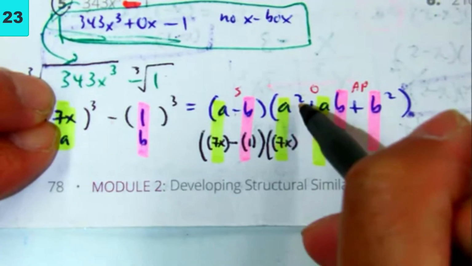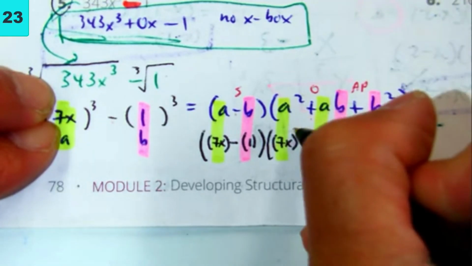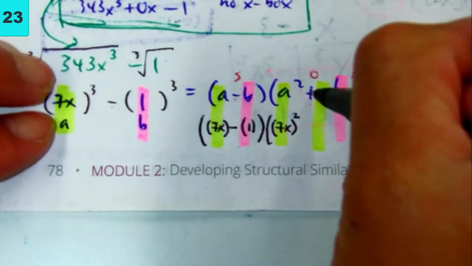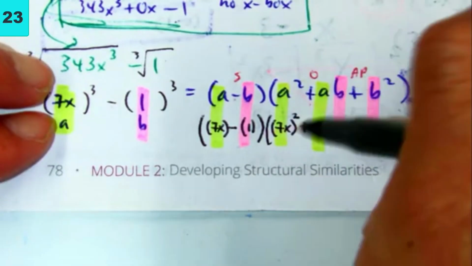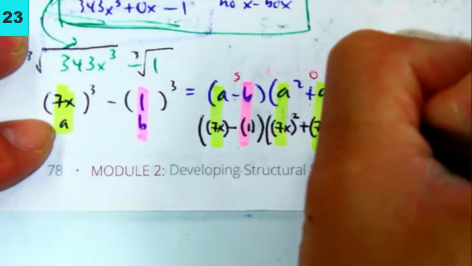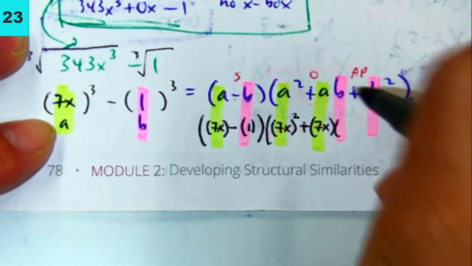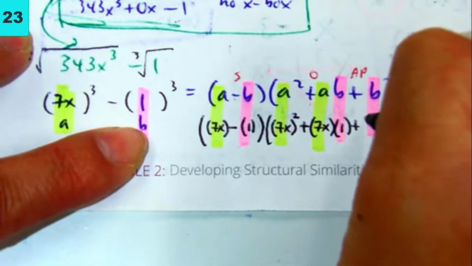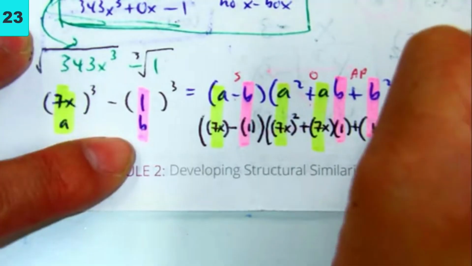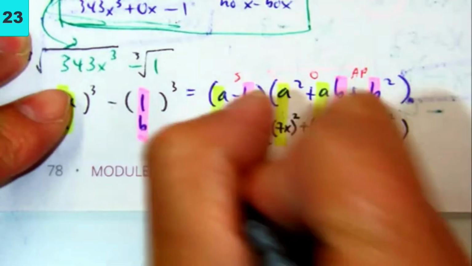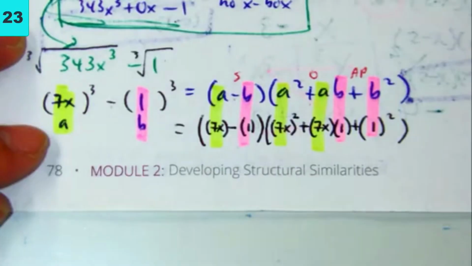And I'm just copying the power of 2. And then I have a plus sign. My A value is 7x, parentheses. B value is 1. And my B value is 1. I just did my substitutions.